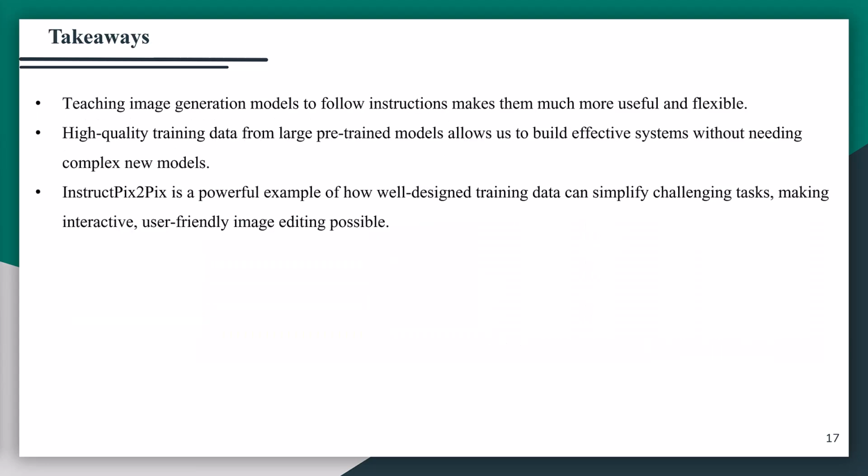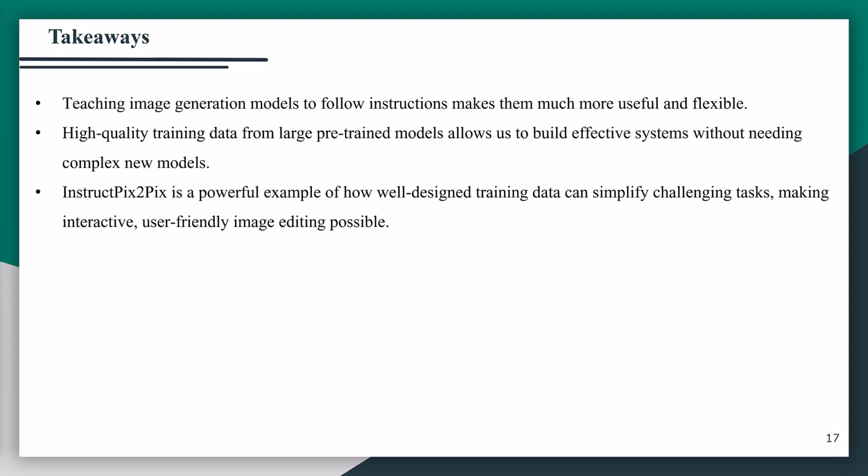To wrap up, there are a few key takeaways from this work. First, by teaching image generation models to follow direct instructions, we can make them much more flexible and useful in real-world applications.